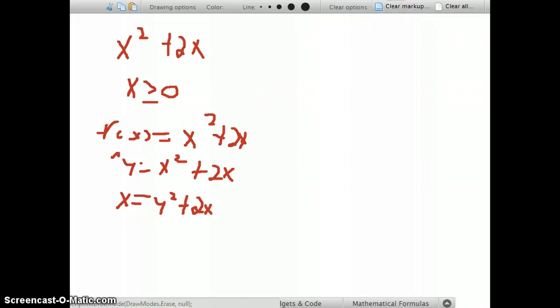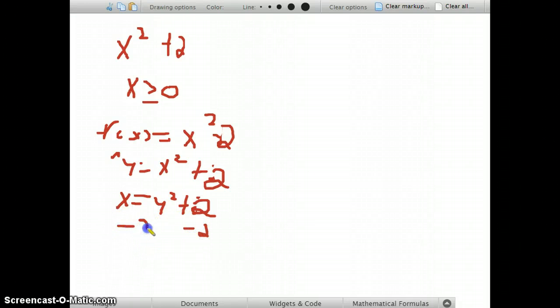Actually, let me change this to 2. Simply 2. So it's going to be 2, 2, 2. So what I'm going to do is minus 2 on both sides to solve. X minus 2 equals y squared.